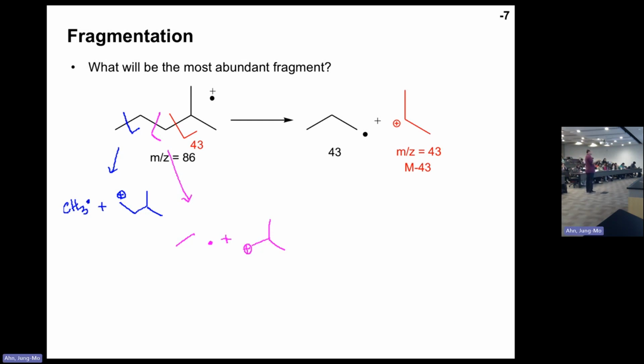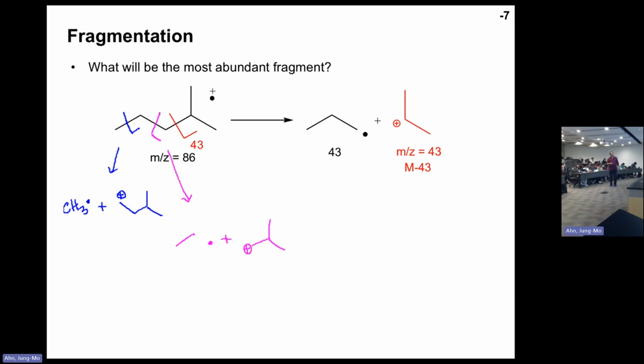So these being secondary carbocations means that they are more stable than even that primary carbocation. What it means is breaking this bond happens a lot more than breaking this bond or even that one. Because they produce a secondary carbocation, and then it makes a primary radical, which is kind of the same as that. So the whole thing makes it look a lot better for that breakage right there.